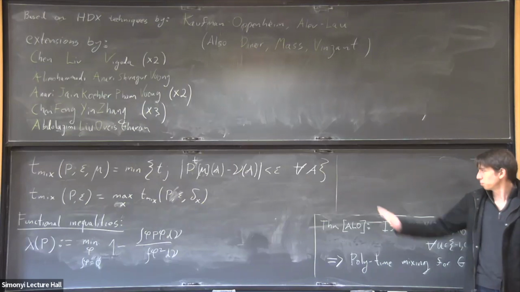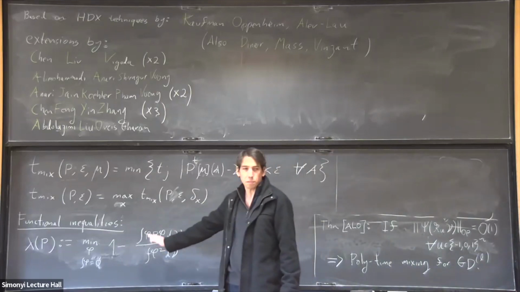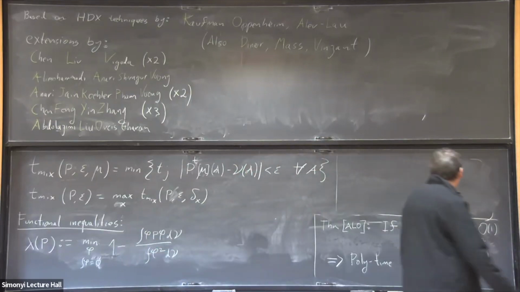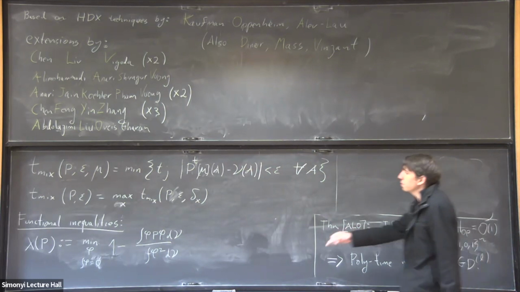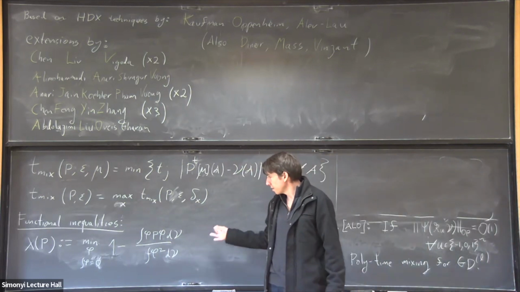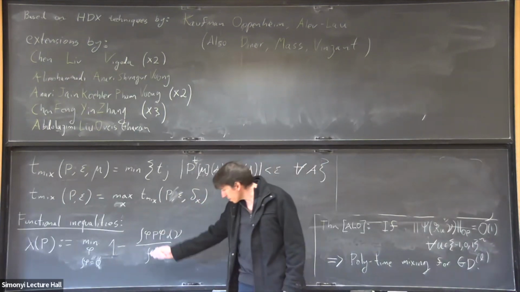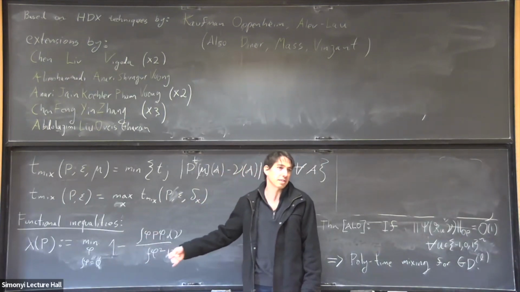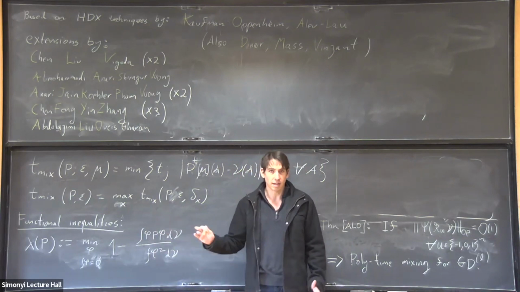Yes, if this is 1 over polynomial, you have polynomial time convergence. There's another notion called the modified log Sobolev constant, which is the analog for entropy. We'll touch on this next week.